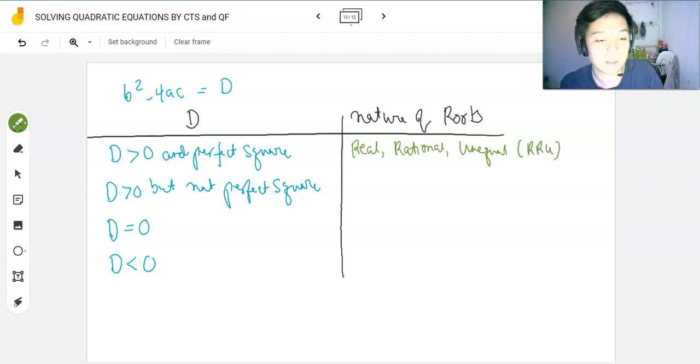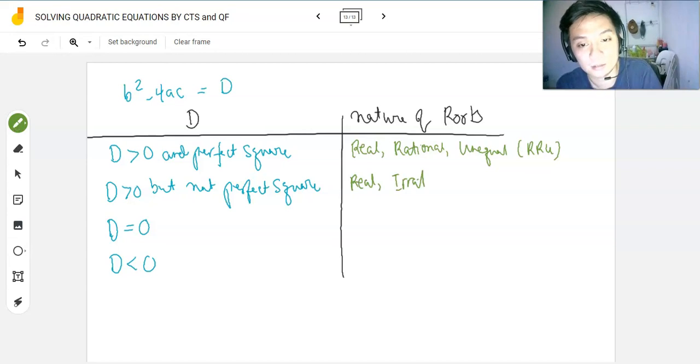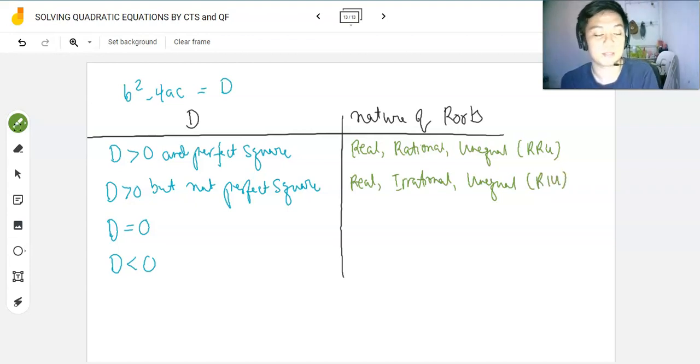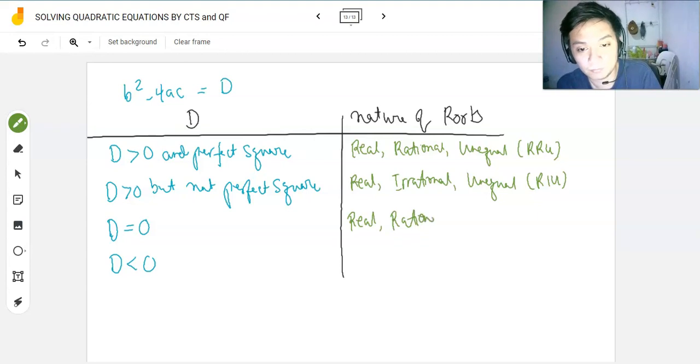Pero kapag naman positive tapos hindi perfect square, the roots are real pa rin naman pero irrational na, but still unequal. So, acronym RIU. Tapos, pag exactly equal to 0, we notice kanina na the roots are real, tapos rational, pero equal.